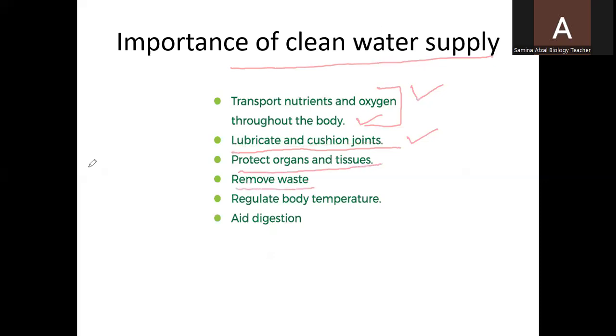It removes waste out of the body. It regulates our body temperature, and it also aids in digestion. So in this way, water plays a vital role in our body by helping in different reactions and activities of the body. I would like to say that water has its own importance in our body.